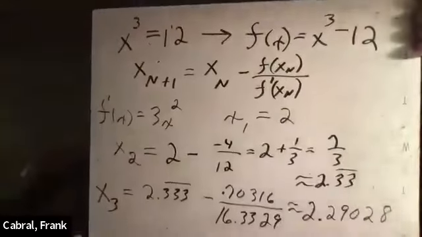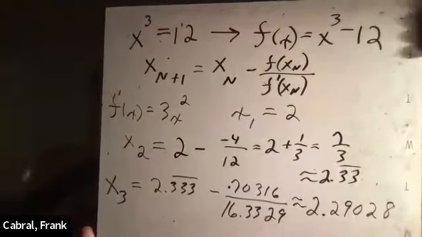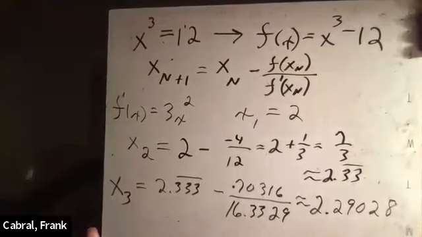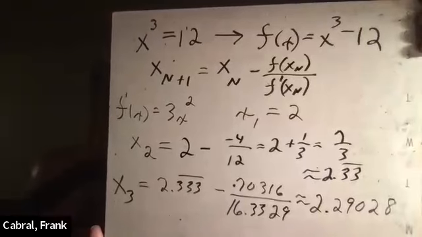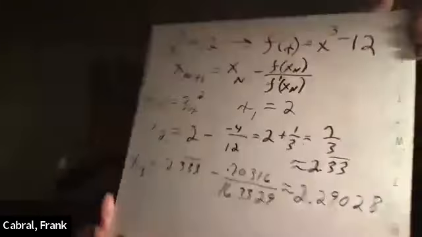Now, what I want to show you is this value, 2.29028 approximately, okay? That's my second approximation, given the starting value x sub 1 equals 2. That's my second approximation for the cube root of 12. Now, what I want to show you on my calculator is what my calculator says the cube root of 12 is. So let's see.